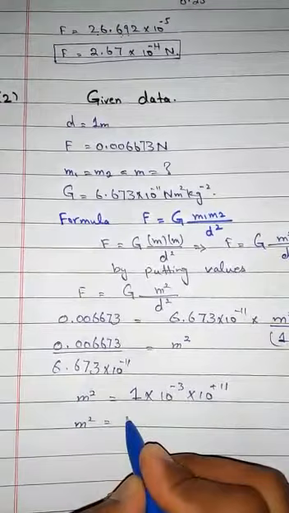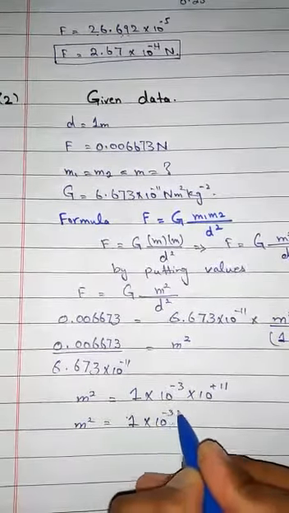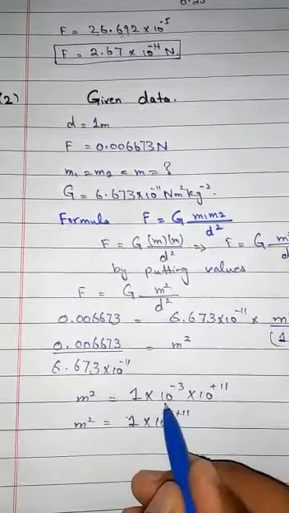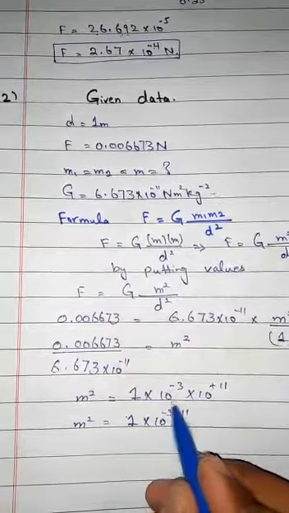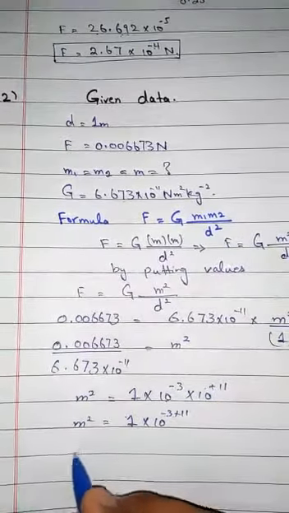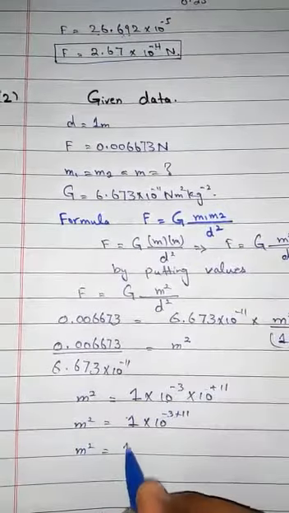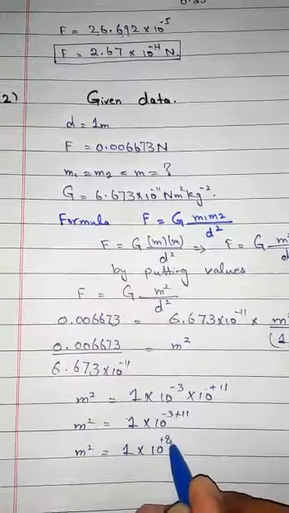So m² is equal to 1 multiplied by 10 to the power minus 3 plus 11. Mathematically, we have learnt that if the bases are the same, then the powers will be added. So m square is equal to 1 multiplied by 10 to the power plus 8.